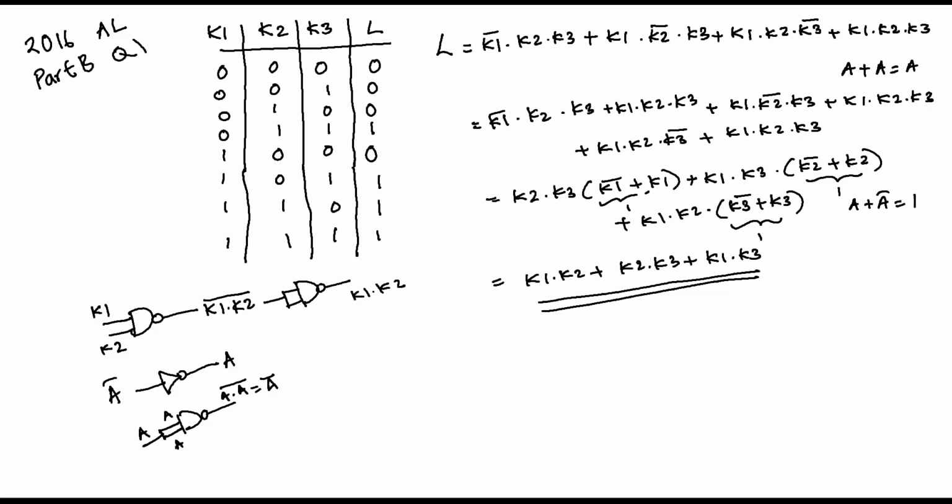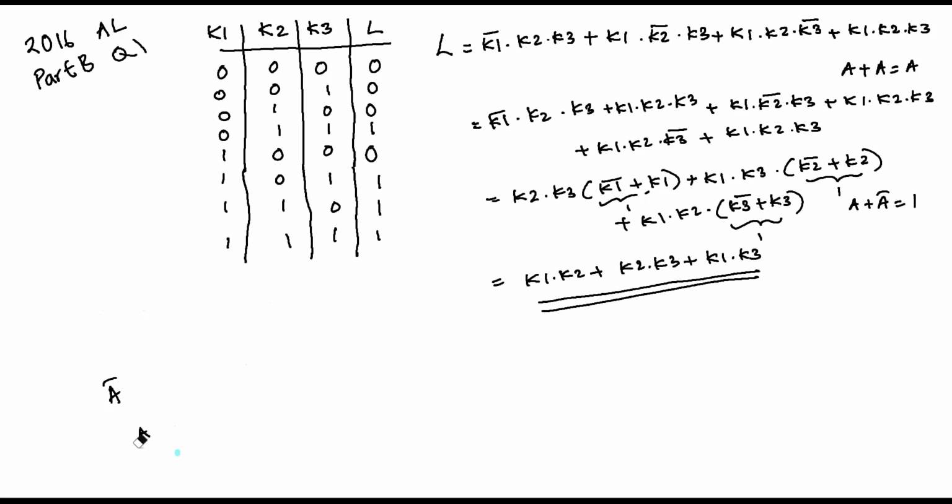Now let's say we'll draw everything completely. Yes, I'm going to get 3 lines to represent K1, K2 and K3. So let's say I have the inputs, and then the first one is K1, K2.